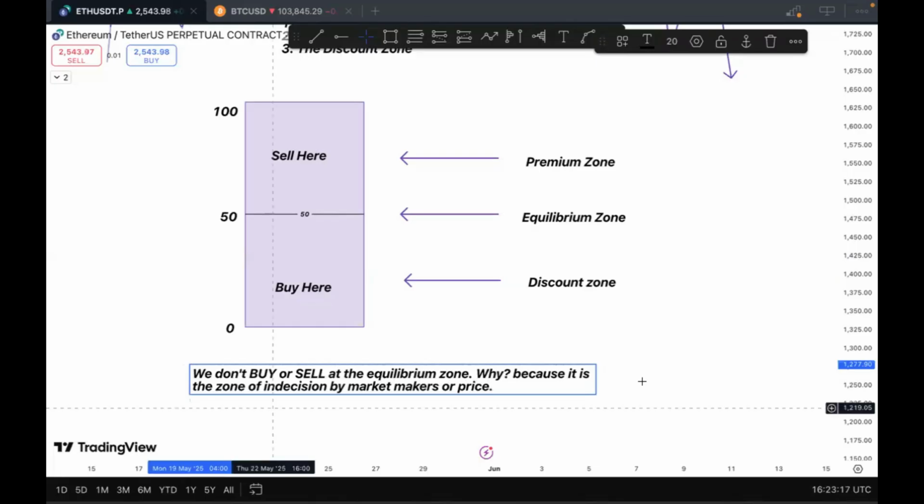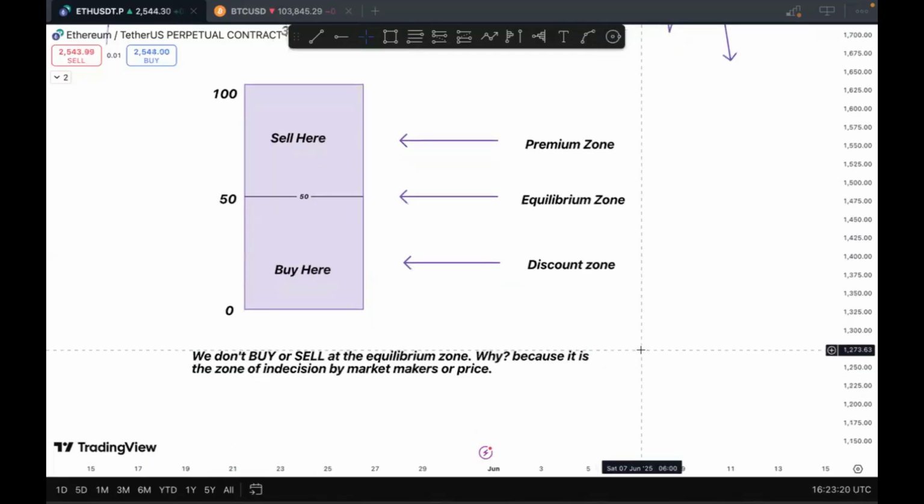So take note of that. What did I say? We don't buy or sell at the equilibrium zone. Why don't we buy or sell? Because it is the zone of indecision by market makers or price.